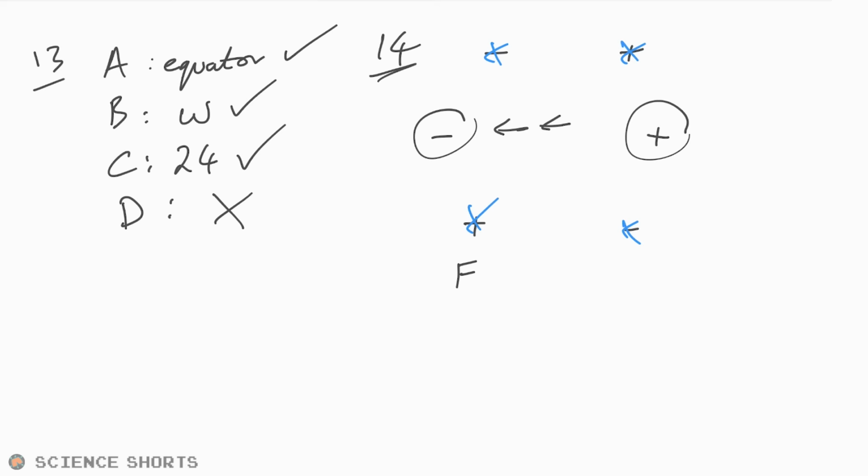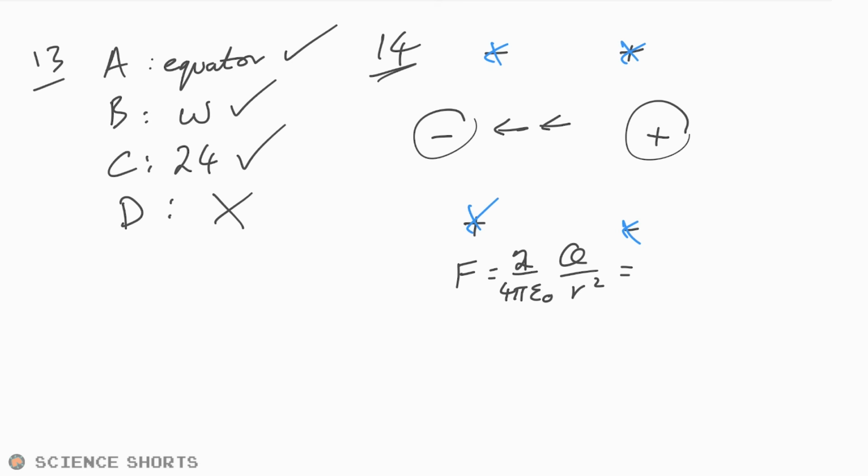Let's do it. So F is equal to K Q. Oh, they've got 1 over 4 pi epsilon, we need it in this case. So that's our K. Then we need Q over R squared. But it is going to be 2 lots of this because we have 2 things creating the field, so I'm just going to put a 2 there.